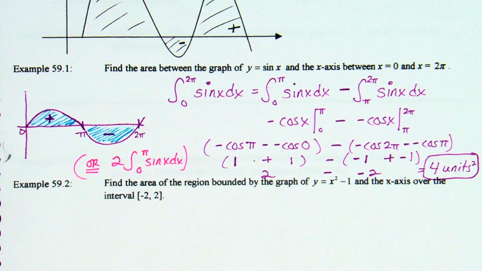Find the area of the region bounded by the graph y equals x squared minus 1 and the x-axis over the interval -2 to 2. So what am I starting with? A graph.